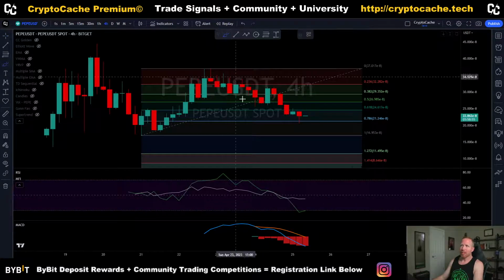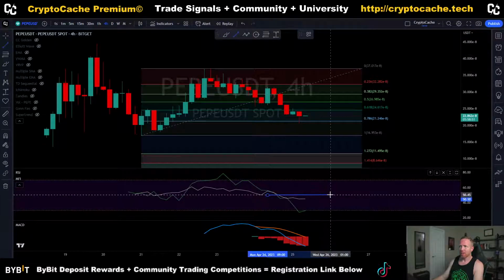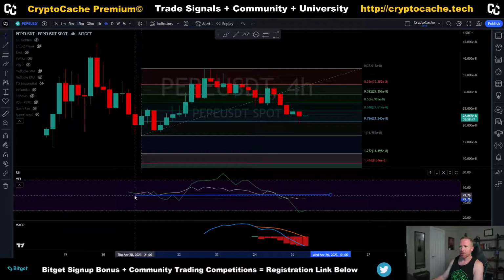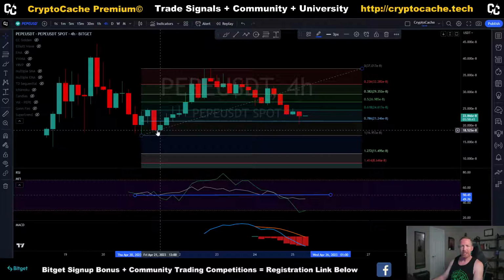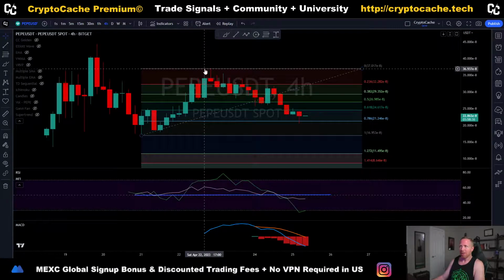The main reason why I say that, of course, is because we just kind of flipped bearish, if you will. Anytime you see 50 on the RSI, it works as a support level or resistance, right? We saw previously the price came down to bounce off that support, which is roughly here at about 18.5 as a round number. So it bounced off 18.5 and essentially came all the way up to about 36, 37.